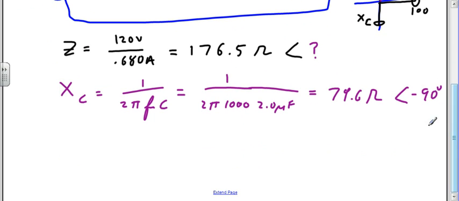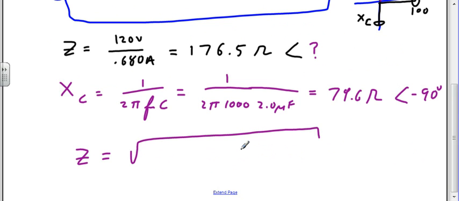All right, so now, what do we know about the impedance? Well, the impedance is going to be the square root of R squared plus the quantity X of L minus X of C, squared, because it's a Pythagorean theorem thing.